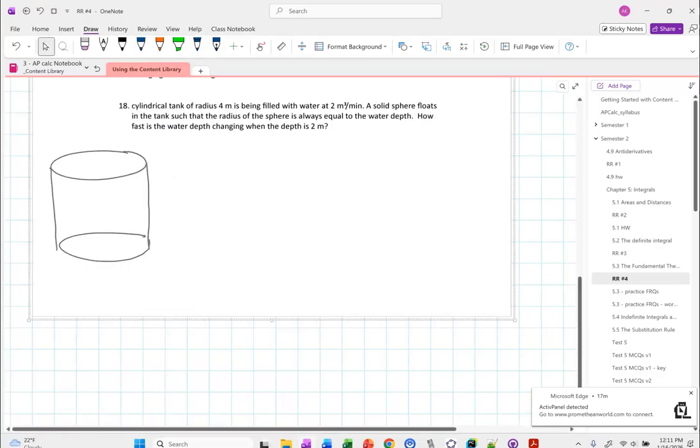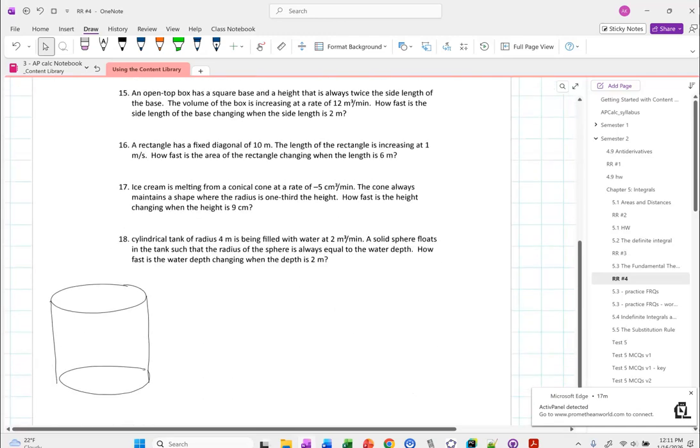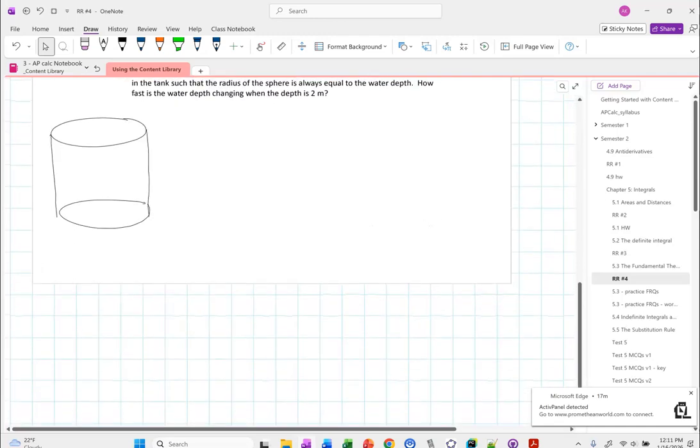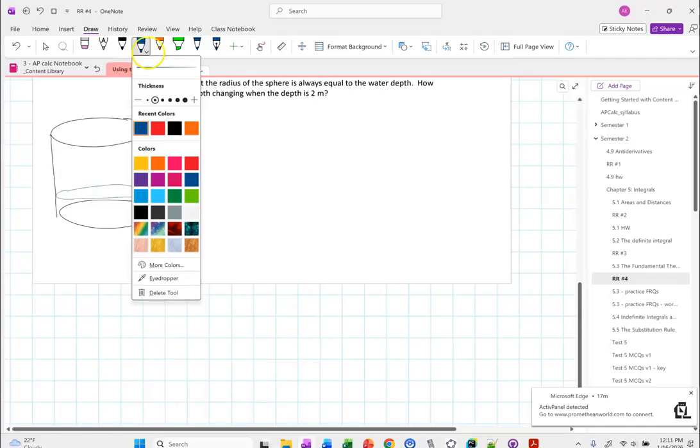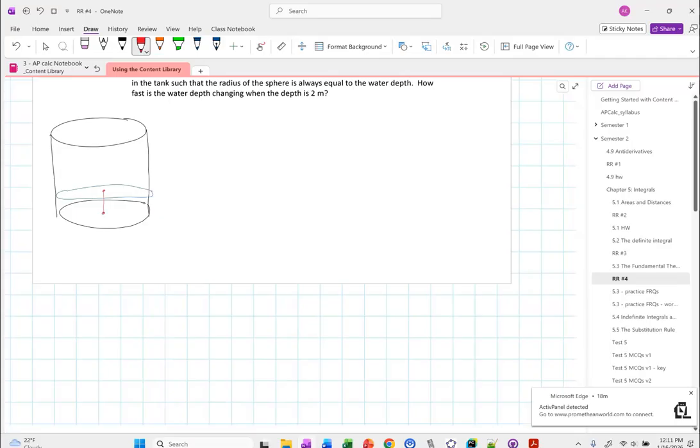So I'm going to just start with a picture. So there's my cylinder with the sphere in it and the water level.